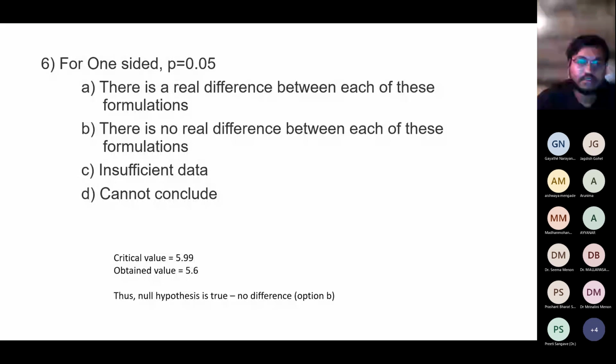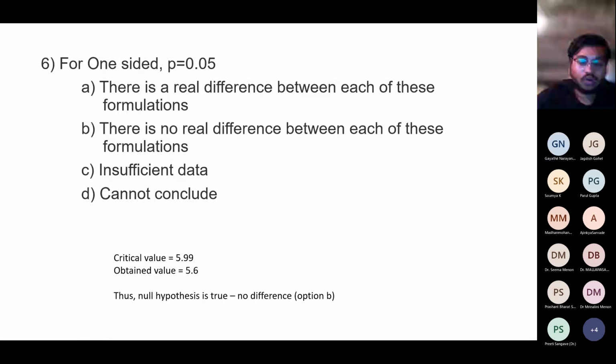Yeah, insufficient data can be included in cannot conclude, but they have given this option so that they want to know if you can figure out why exactly you cannot conclude something. It might be the case that you cannot conclude because the value falls between that of the one-tail test and the two-tail test, and you're not sure which one to use.